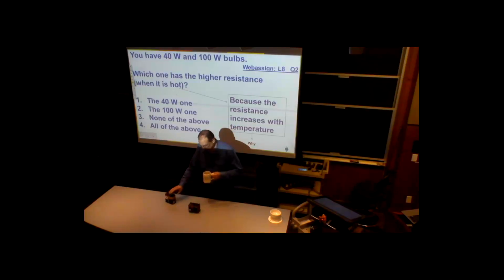Instead of a battery, I connect it to a second box. This action, does it change the length of this wire in this box? Does it change the diameter of the wire in this box? Does it change the material it's made of? So, does this action change its resistance?